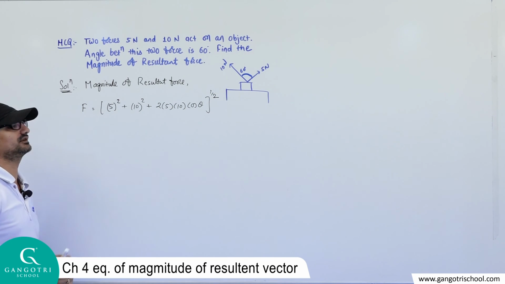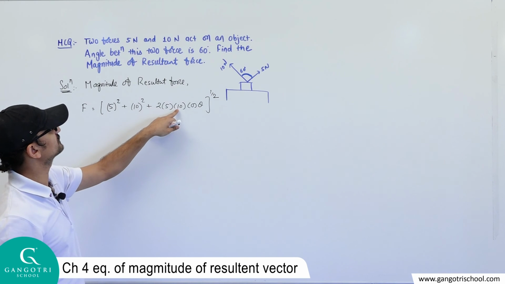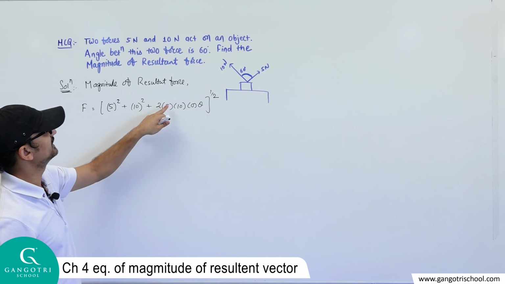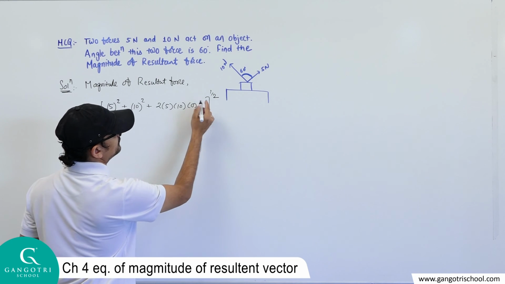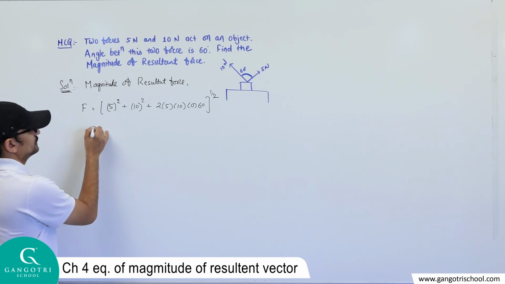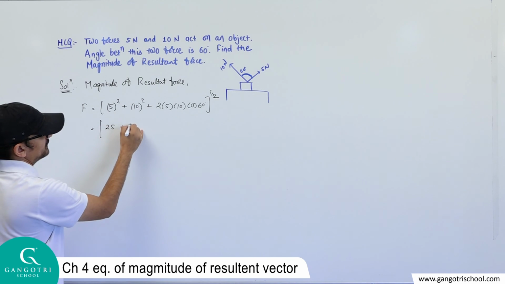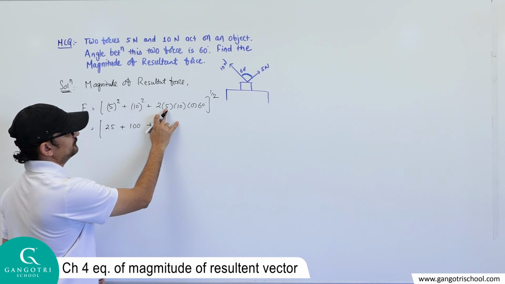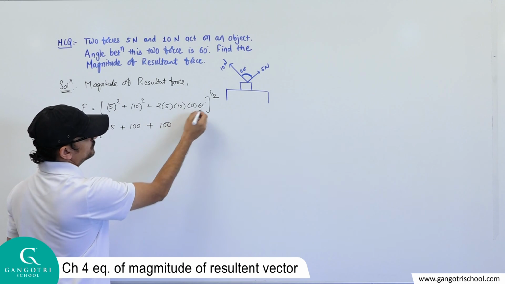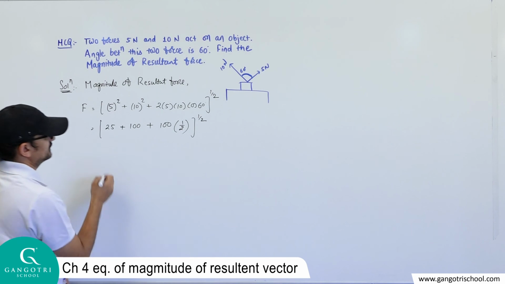Here theta is the angle between these two forces, which is given as 60 degrees. So we put 60 degrees here: 5 square is 25, 10 square is 100, plus 10 5s are 50, 5 2s are 100, and cos 60, the value of cos 60 is 1/2, all raised to 1/2.